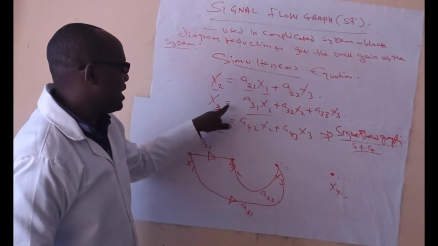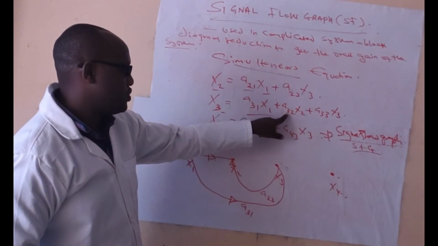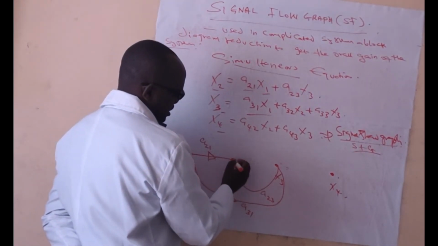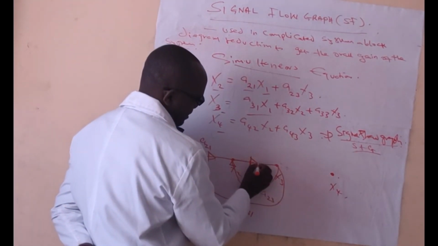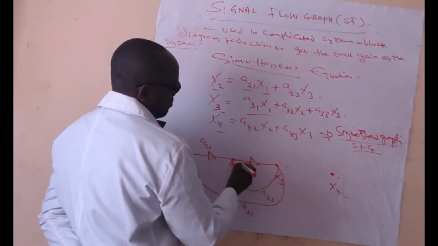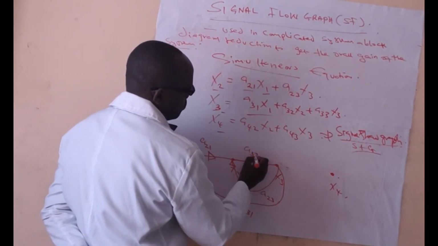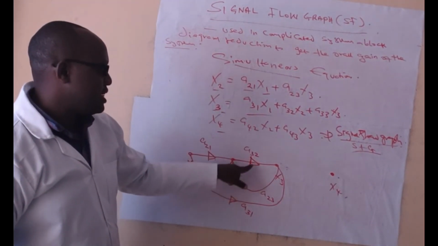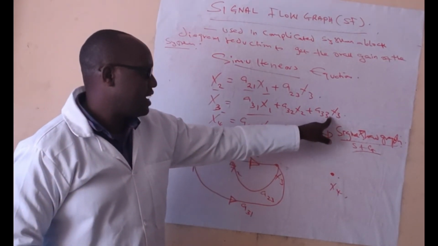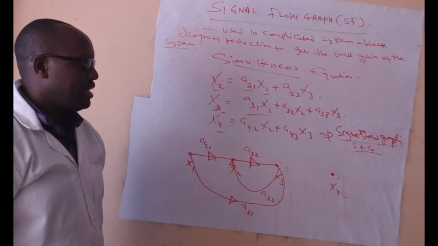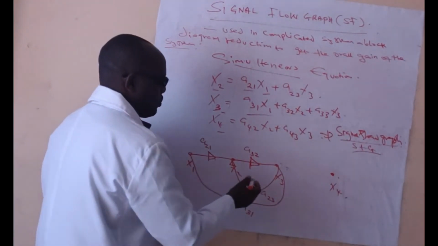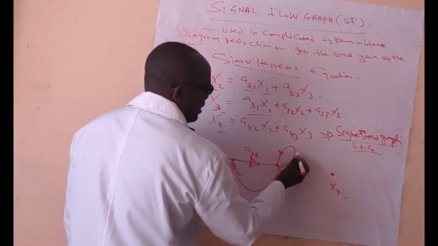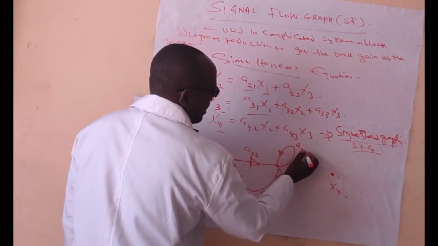Then x2 is coming to x3, so it is going in this direction, x2 going to x3 like that, and the gain is a32. Then plus a33 x3 means it is the same loop, so it's going this way, and the gain is a33.